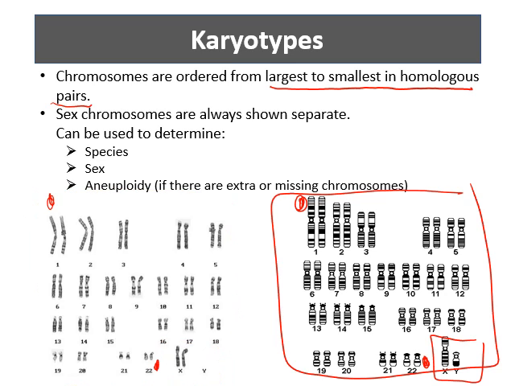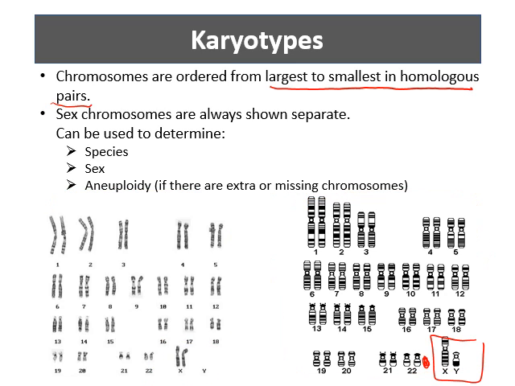Looking at these karyotypes here, just while we're looking at this screen, there's a couple of things that I can determine. First of all, I can tell that I'm looking at humans, so the species of the organism that I'm looking at, because I know that humans contain 46 chromosomes.